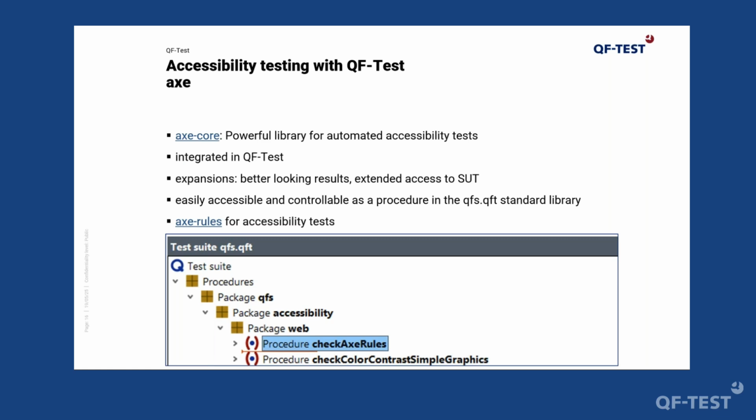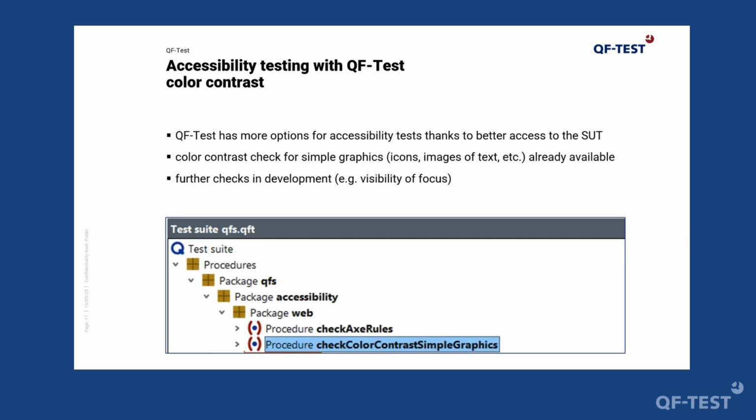And the other way we implement accessibility testing features is by using QFTest features. And for a start, we used it for a single procedure, which checks color contrast of graphics.